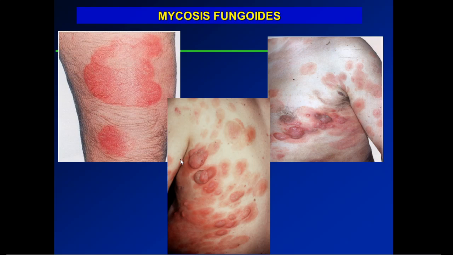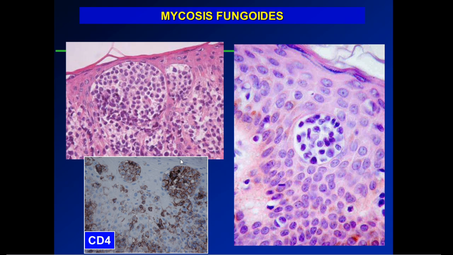This lymphoma affects mostly only the skin and has a long duration. So this is an example of so-called indolent lymphomas. They have a long duration, a long time without a classical malignant clinical course.